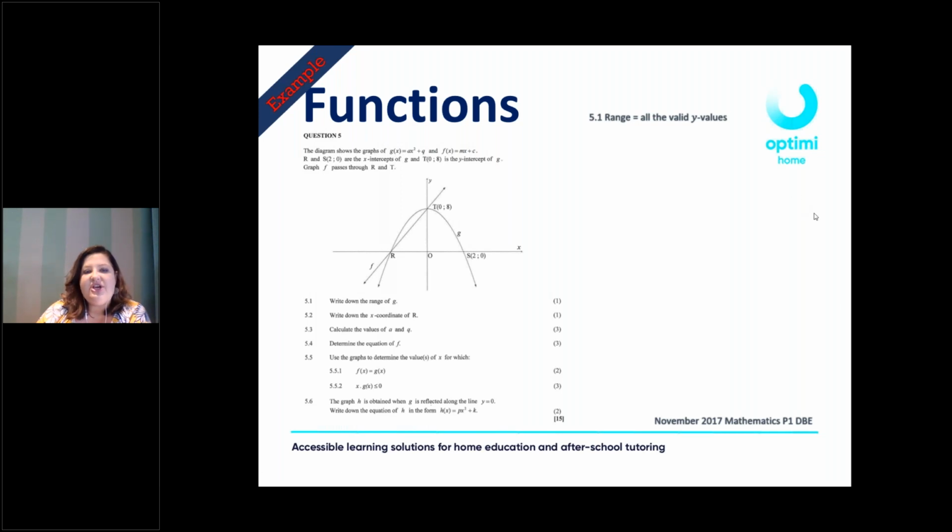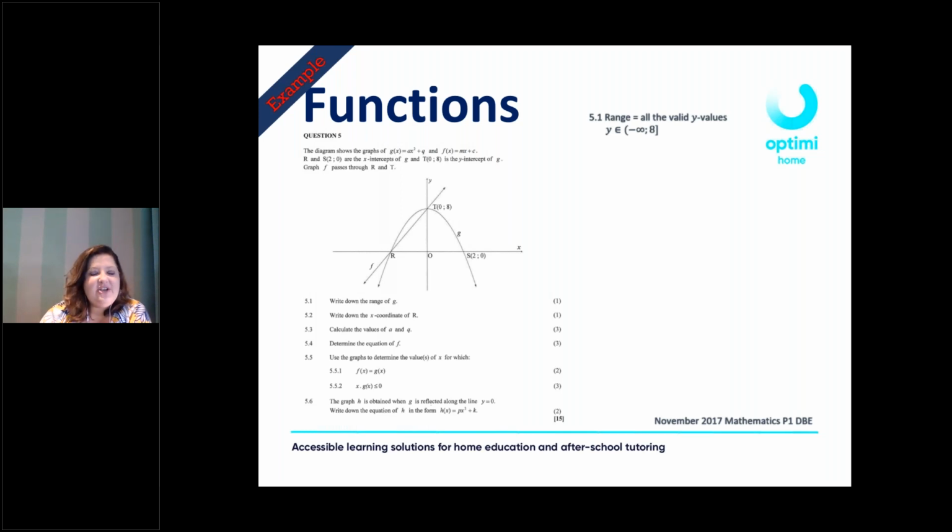Just to show you, it starts over here, and all of these values going down are part of my graph g. So all of those values are valid y values, and you can use any notation that you know, but I use this one. It is from negative infinity up until the point 8.